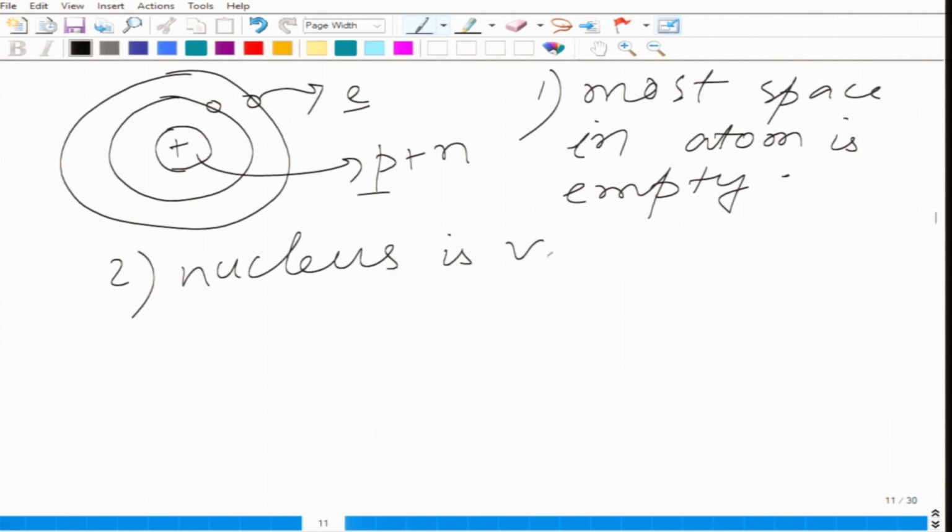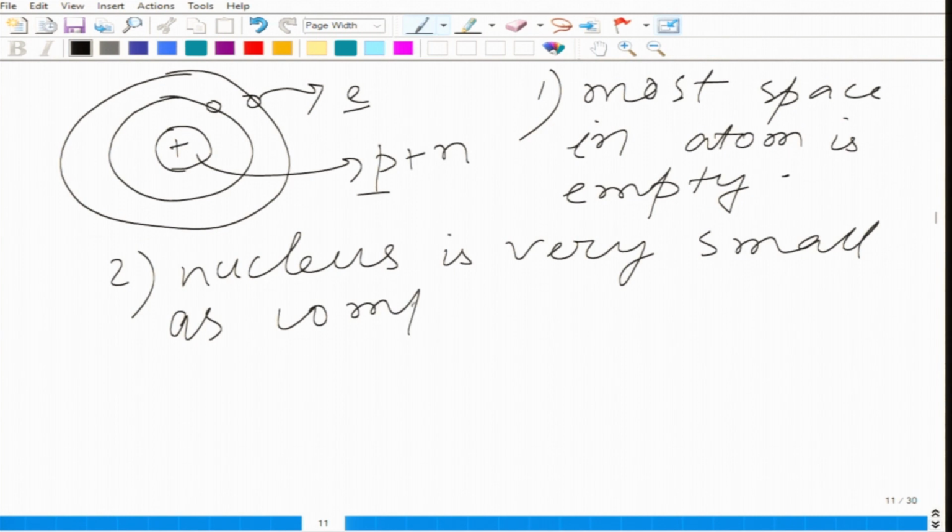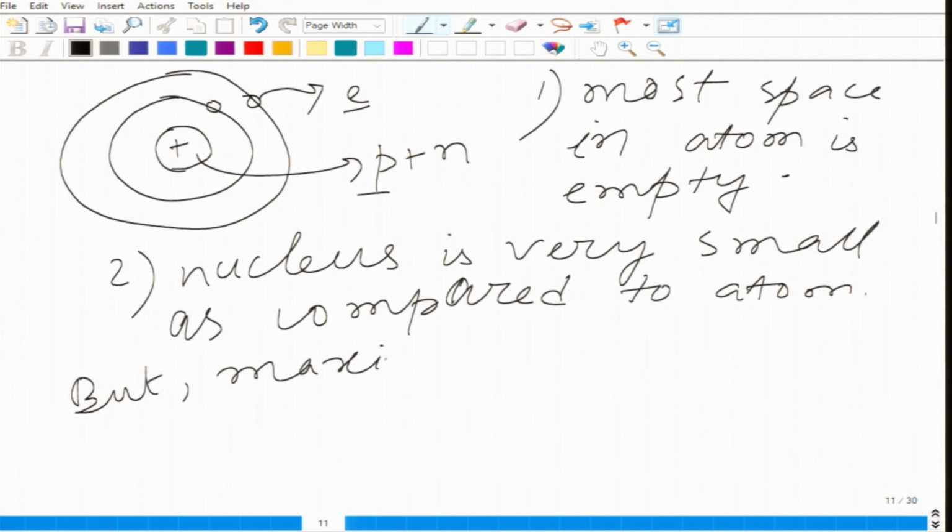The nucleus is very small as compared to the atom, but maximum mass resides in the nucleus.